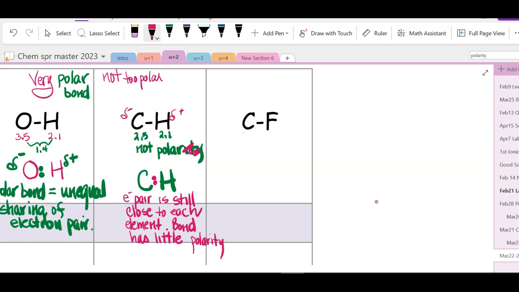Well, this difference we know, carbon is 2.5, but this guy is 4.0. So we have a partial negative charge here with the big guy with the 4 electronegativity. And then we have a partial positive sign on carbon. All right. So what would that mean if we actually had the bond? It would mean that the electron pair is over by the fluorine.